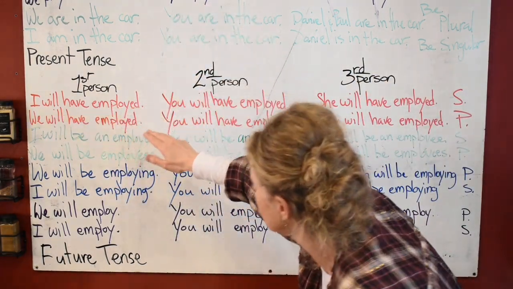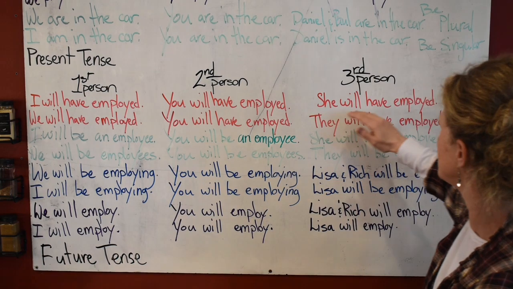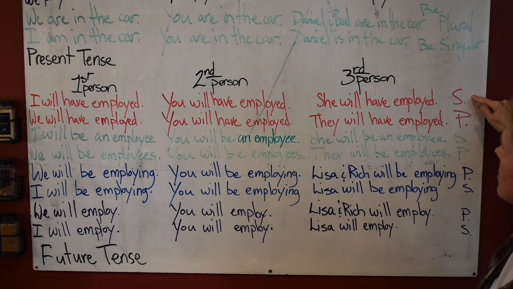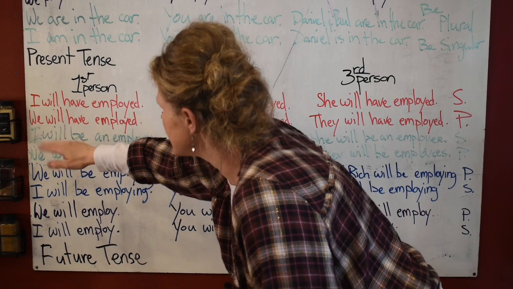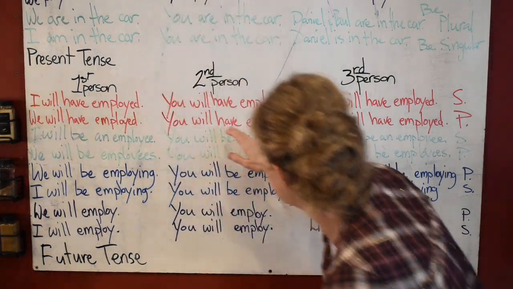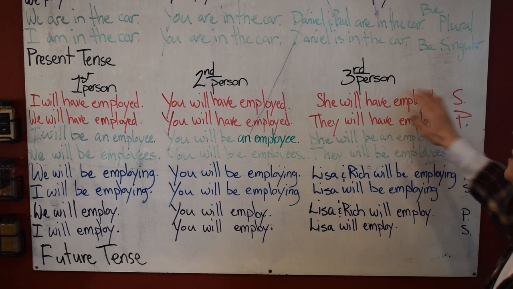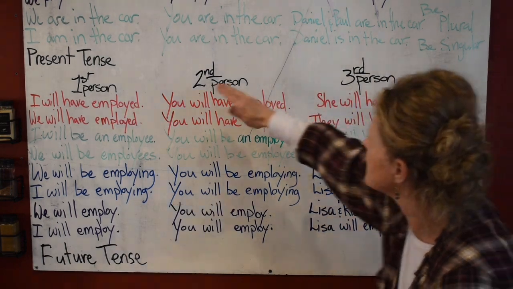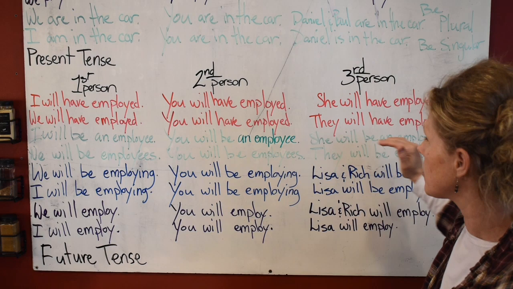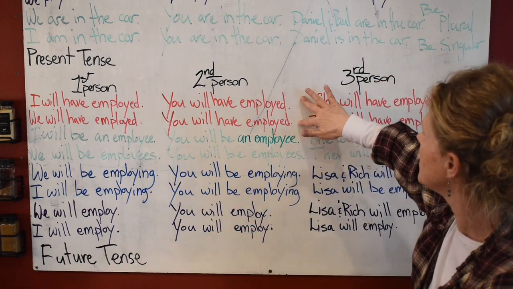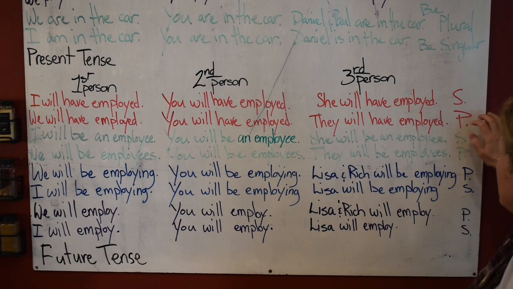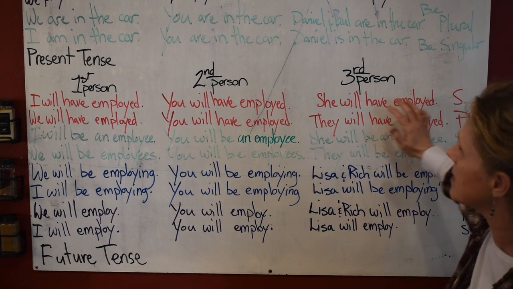I will have employed, you will have employed, she will have employed. Singular. See how they're the same. We will have employed, you will have employed, they will have employed. Super easy. It's the exact same words. So you just need to remember that when you're in the future tense, it's the exact same words that you are putting in the perfect tense.